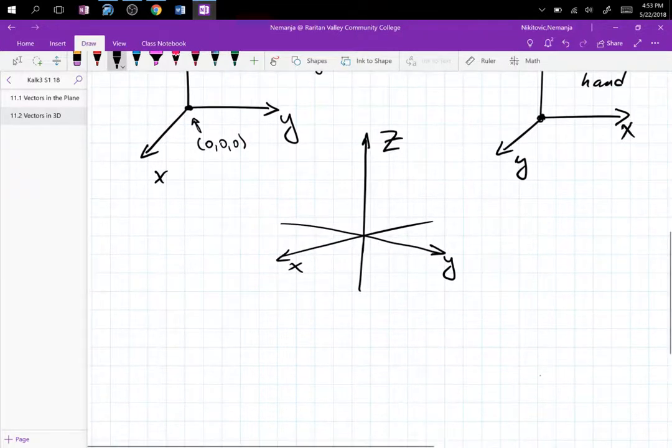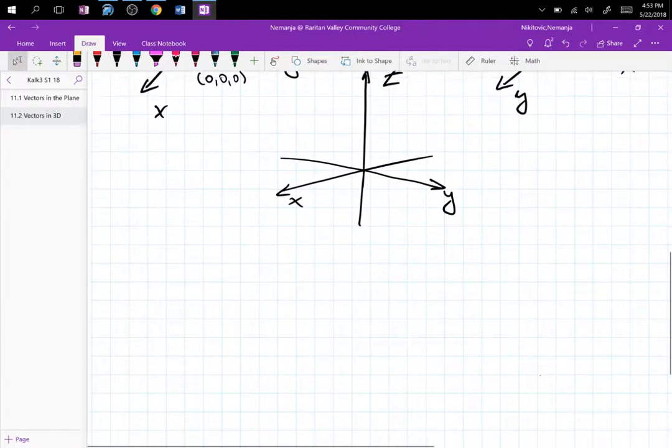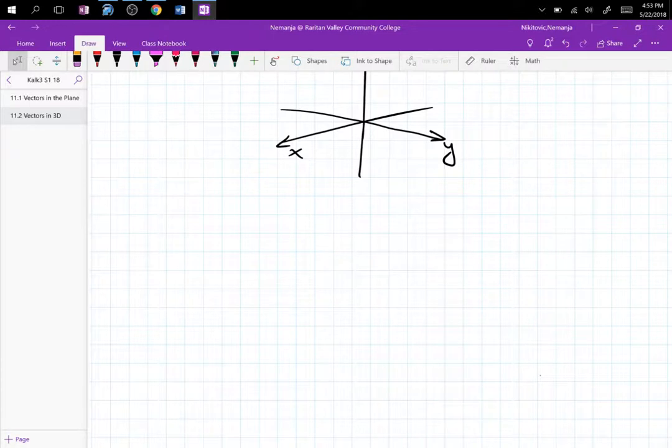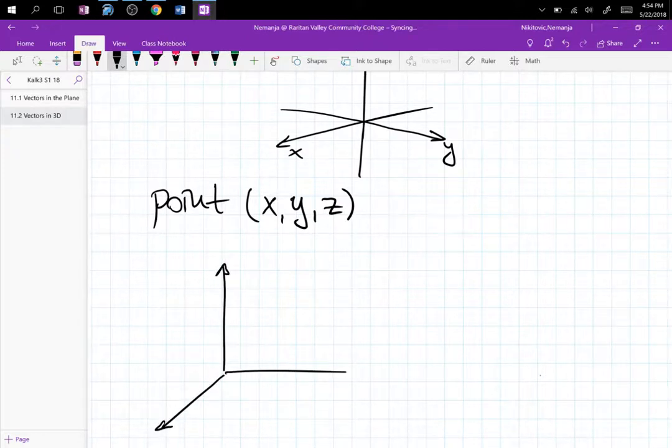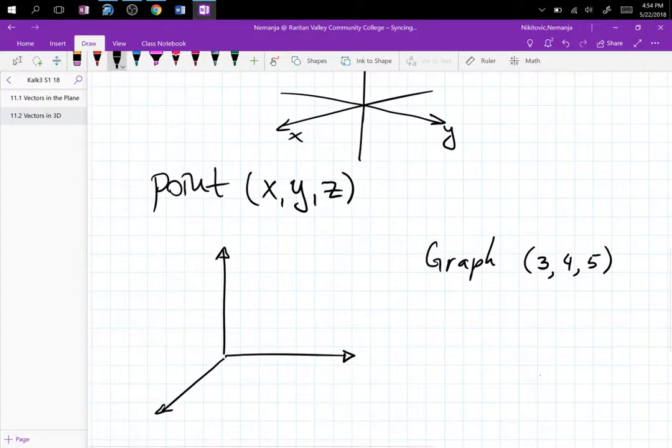So now we are going to graph a point. In 3D space, our point is going to be determined by 3 coordinates, x, y, and z. And to draw this, let's say the point is, so graph 3, 4, 5, obviously very creative.